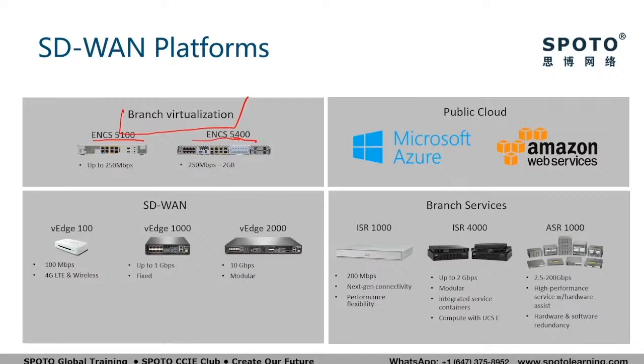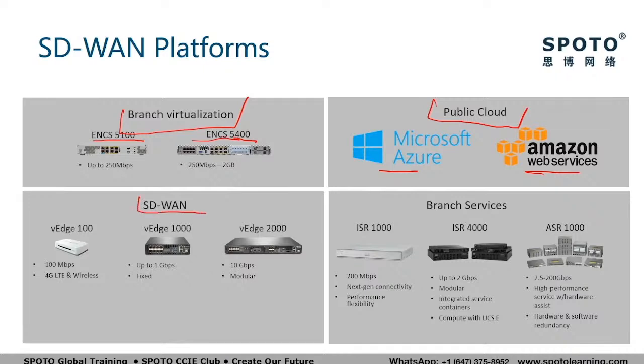The second option is public cloud. You just host them directly in the public cloud, either Microsoft Azure or Amazon Web Services. In the near future, Google Cloud will be supported as well. So you have 3 options for the public cloud.